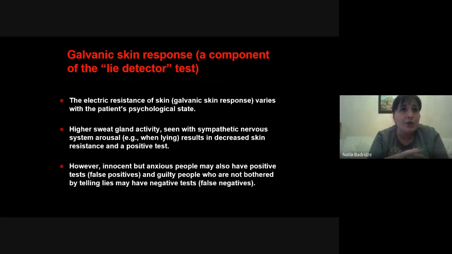If a person is innocent and others are blaming him or her for something, the person might be anxious. So these galvanic tests can give us a positive result, which will be a false positive in the case of the innocent person, and that's why it is a limited test.